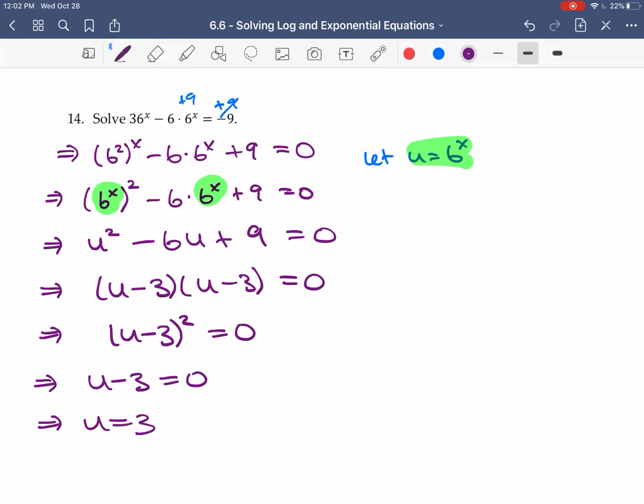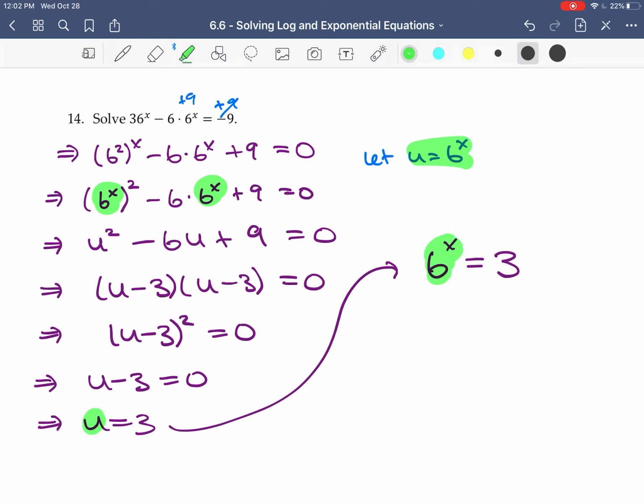Okay, so now we're not done because now I have an exponential equation. So if u equals 3, that means that 6 to the x is actually equal to 3. Okay, so u was 6 to the x. So now I replace it back because I actually wanted to solve for x. Now this is an exponential of the form that can't be written in the same base. So what I'm going to do is take the ln of both sides.